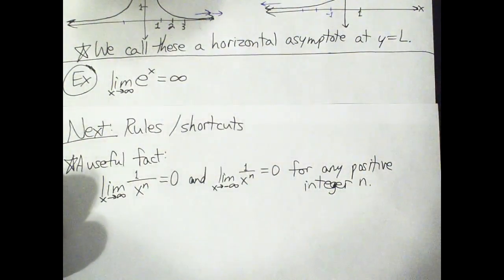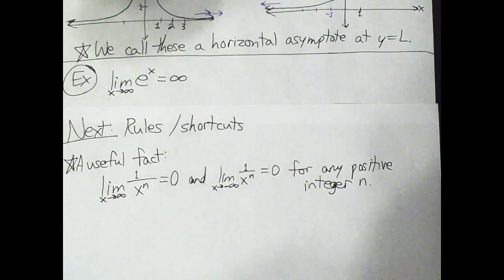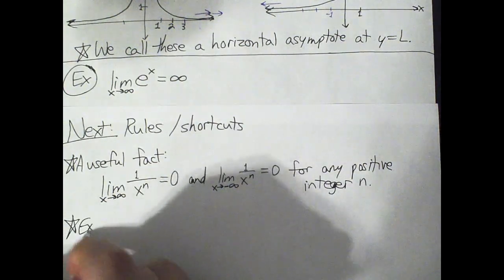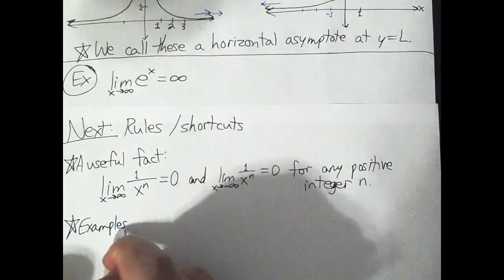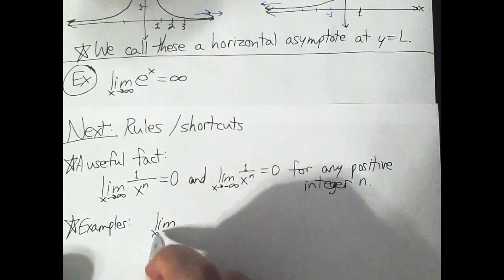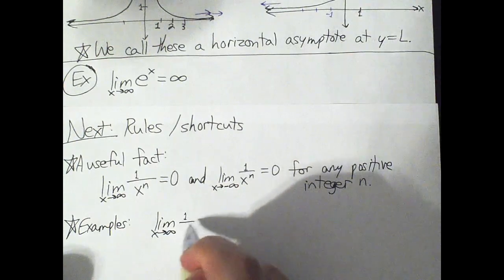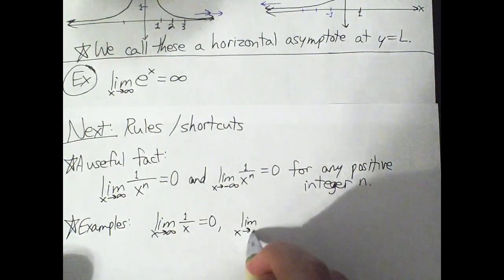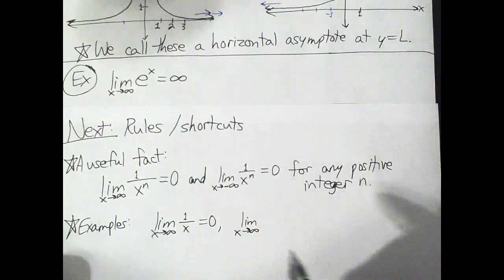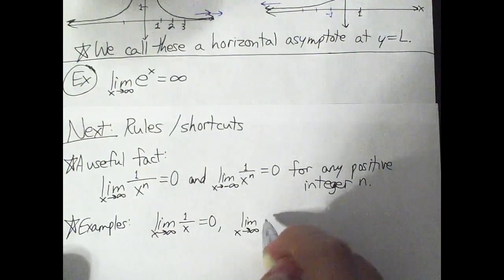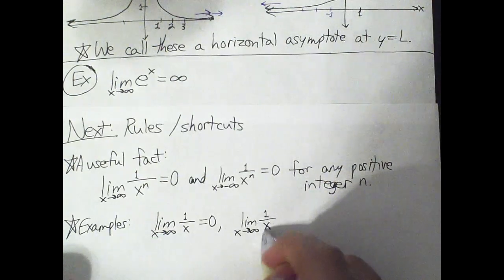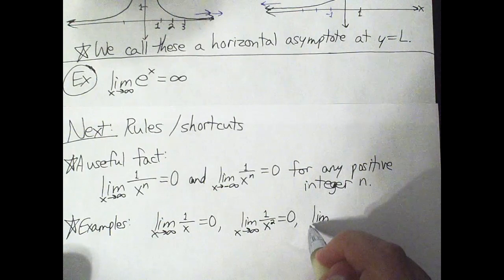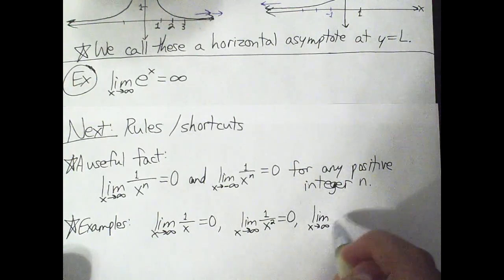But now I'm saying it's actually true for any positive integer n. I would say the positive infinity version of it probably shows up more often in problems, but it's also useful to know that it also happens if x is going to negative infinity.